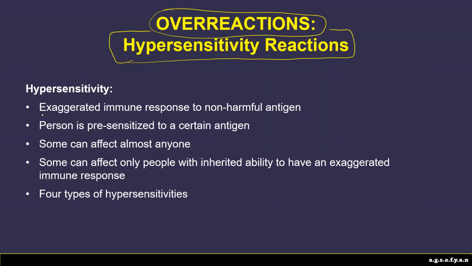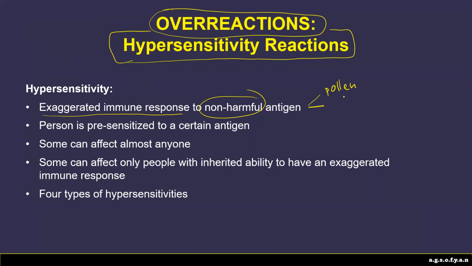So this is an exaggerated immune response to a non-harmful antigen. The antigen that enters our body is not really harmful, like for example pollen. Pollen is not a disease, but still our immune system tries to attack this pollen, causing that person to have an allergy.